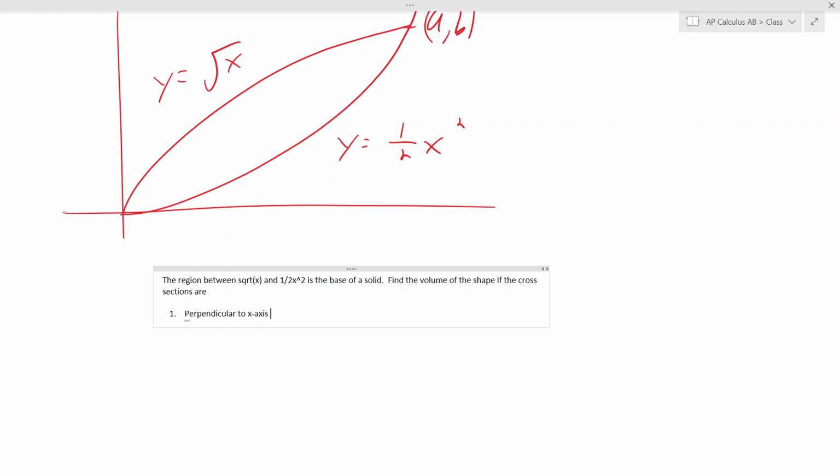Perpendicular to the x-axis that are, I don't know, squares. But they'll also give us perpendicular to the x-axis that are semicircles. They can give us any shape they want as long as we can find the area of it. Perpendicular to the y-axis that are equilateral triangles.